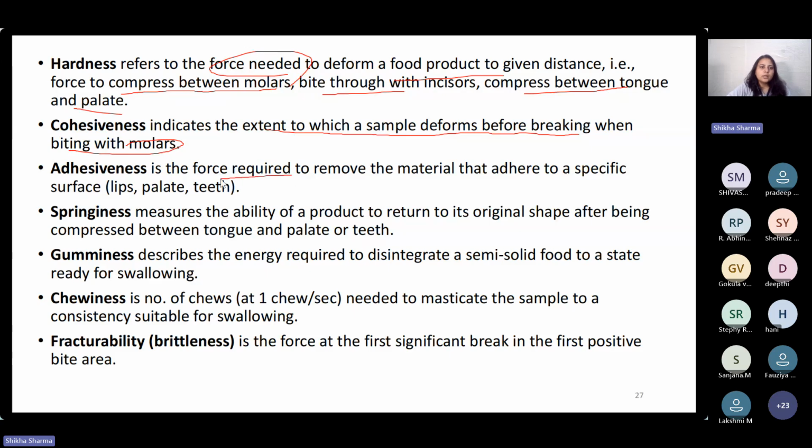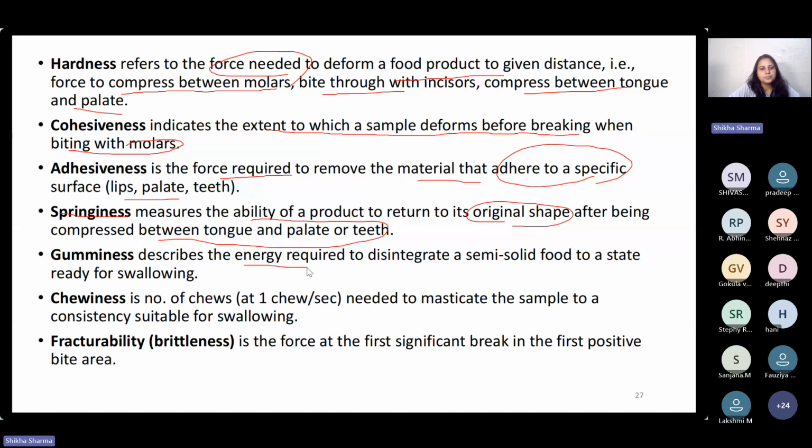It is the force required to remove the material that adheres to a specific surface like lips, palate, and teeth. Next is springiness. It measures the ability of a product to return to its original shape after being compressed between the tongue and the palate or the teeth.